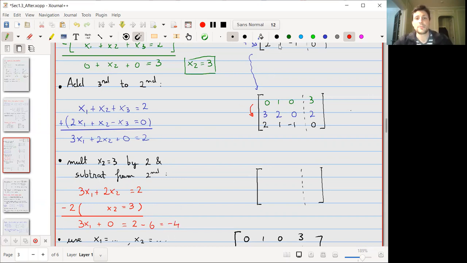At the level of the augmented matrix, this reads as follows. We have the first row, it's unchanged. Then the second row is replaced by the following: 3, 0, 0, negative 4. The third row is not changed.